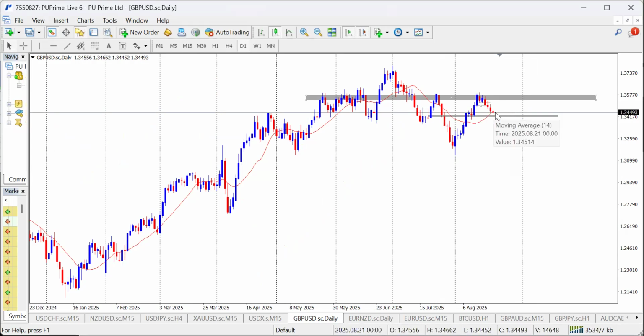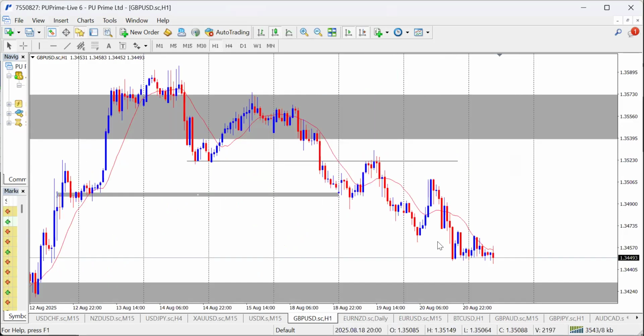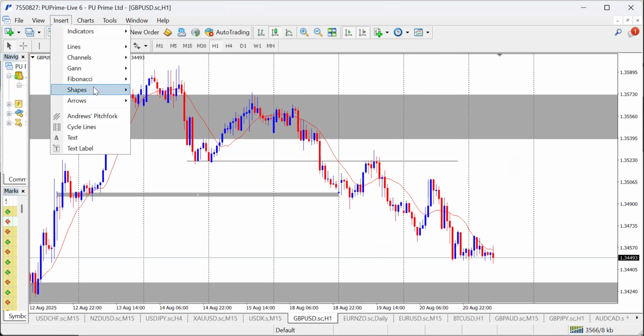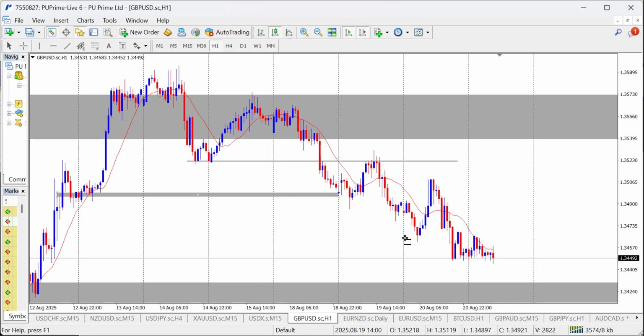You need to be extra careful of this zone, because if the market rejects this zone and we have a break up structure, then we are going to buy. Once the market rejects that zone and breaks this high, this support becomes a resistance level, I'm going to buy.